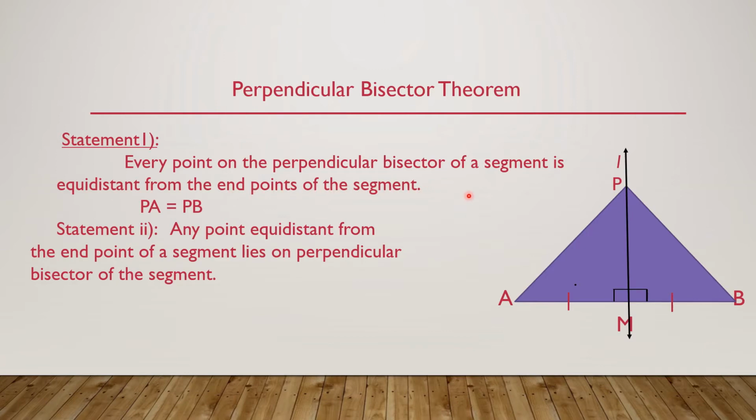In this figure, P is a point on line L, and A and B are the endpoints of the segment, and by the perpendicular bisector theorem, PA is equal to PB. And statement 2, any point equidistant from the endpoints of the segment lies on the perpendicular bisector of the segment.